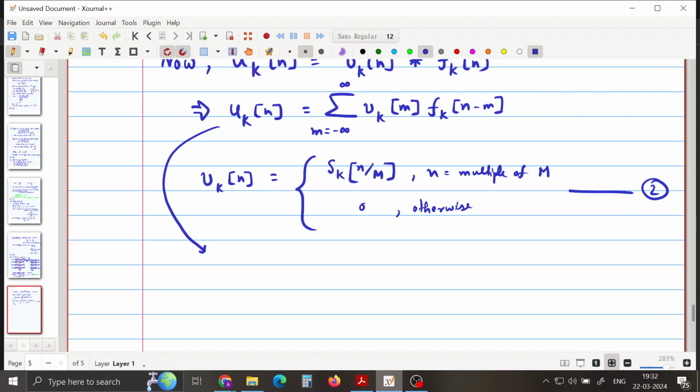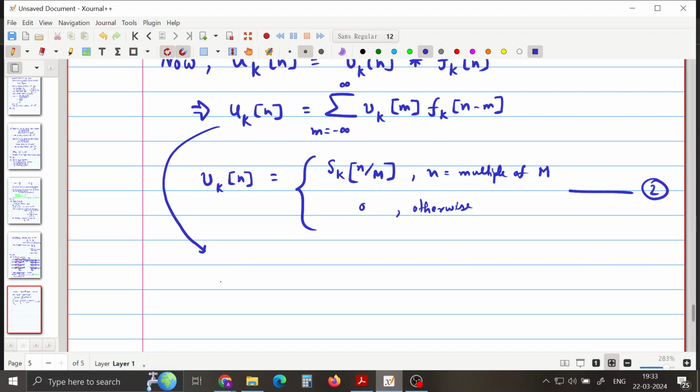So only when the index is a multiple of capital M, Vk survives, otherwise it is 0. In this summation, if I put an additional constraint that small m is a multiple of capital M, then only the term Vk of m sitting inside the summation survives. For all other values of small m which are non-multiples of capital M, Vk of m is clearly 0, therefore it won't contribute to the summation.